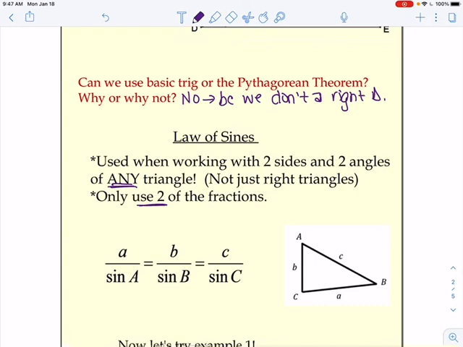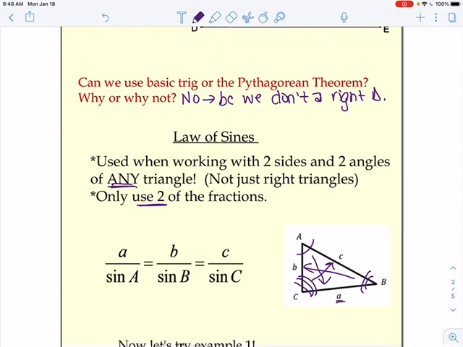You're only going to use two of those fractions. Really the point of putting all three in here is just to show you that if I have angle A, the side that's directly opposite is lowercase a. If I have angle B, the side opposite is lowercase b. Angle C, the side opposite is the little c. So directly opposite the angle, that's how you would name the side with your lowercase letter.